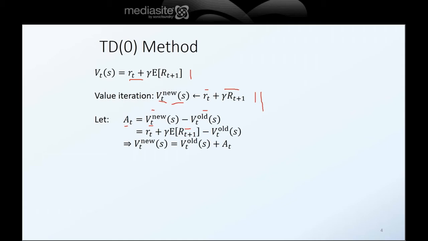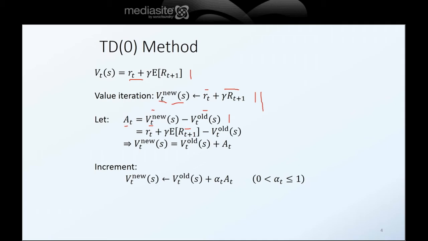Whence V_t new is equal to V_t old plus A_t by definition of A_t. A_t is the amount of increment on the value that you do to get the new value. So V_t new is V_t old plus A_t. So this is our increment.